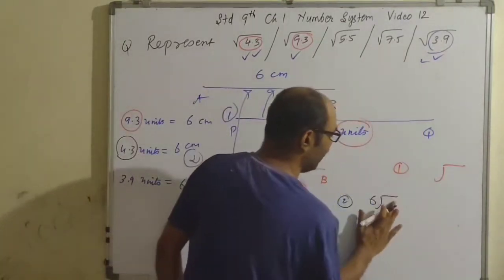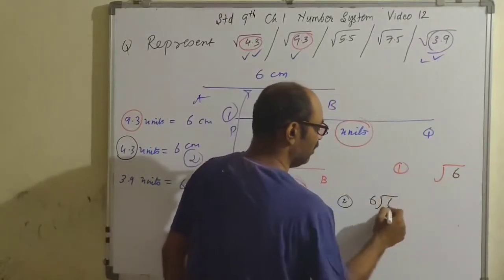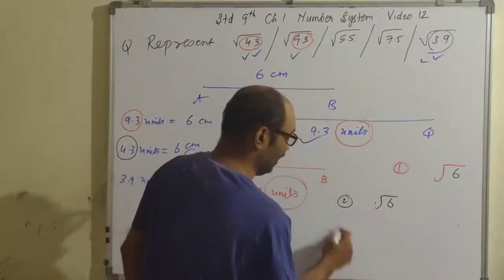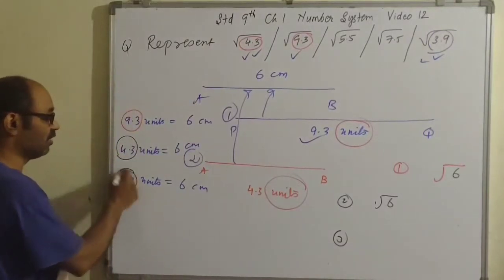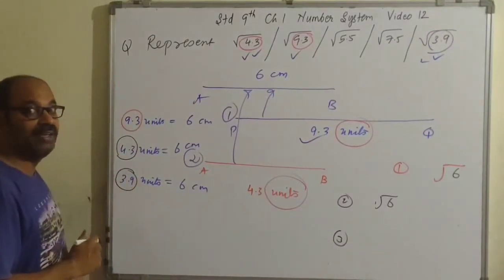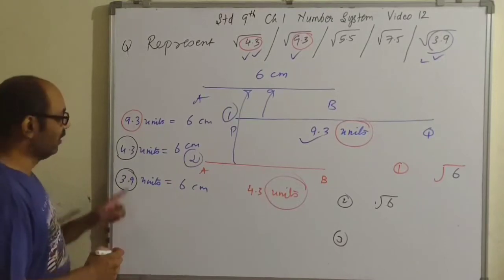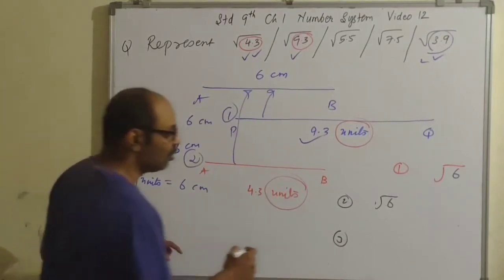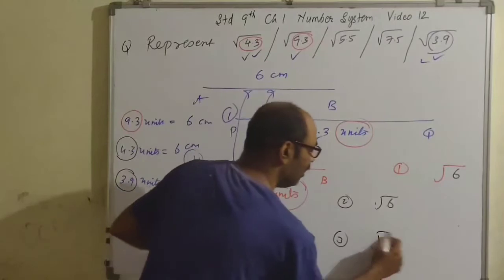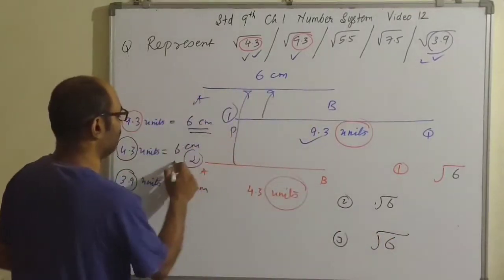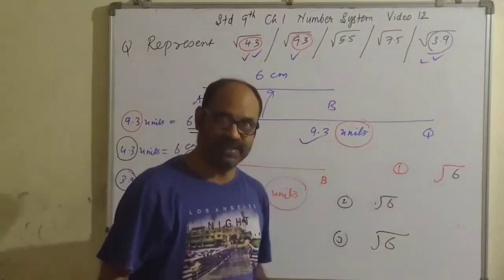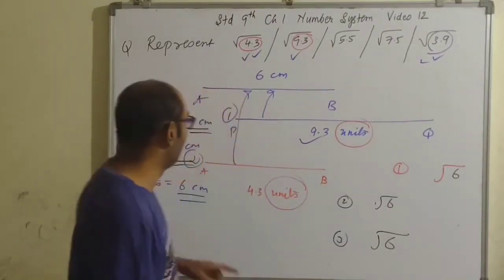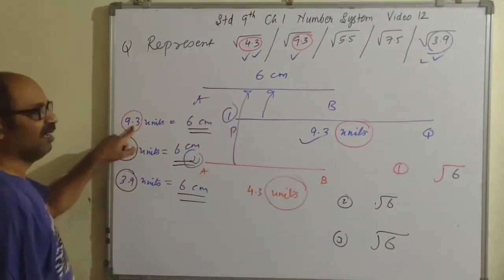Every time the dividend is going to be the same. Dividend will be 6. Please, just make a correction. Now in this case, this is nearly 3.9, very close to 4. So instead of that, I'll take 4. So in the third case also, the dividend is fixed, because you are fixing this. Please try to understand. Dividend I have fixed. And I'm going to divide by that unit.